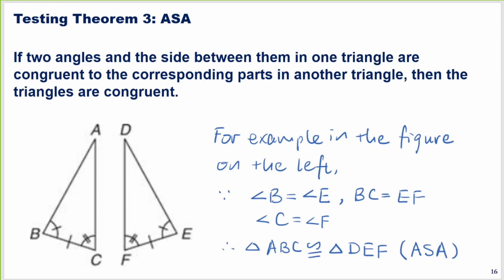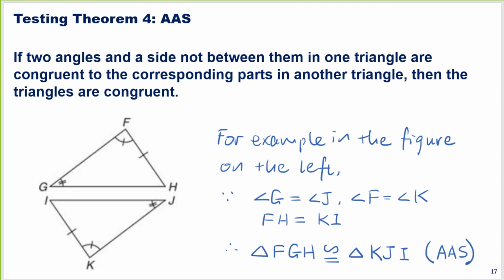So if this theorem is true, immediately you should know the fourth theorem must also be true, right? Which is AAS. If two angles and a side not between them in one triangle are congruent to the corresponding parts in another triangle, then the triangles are congruent.